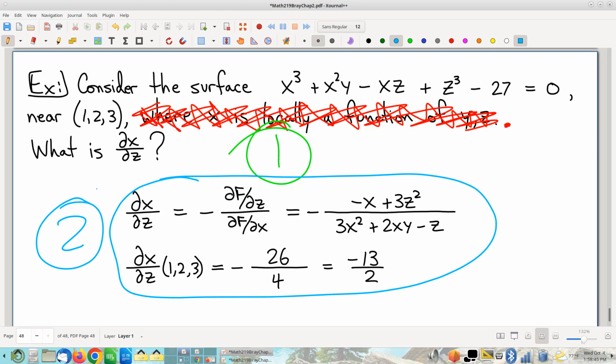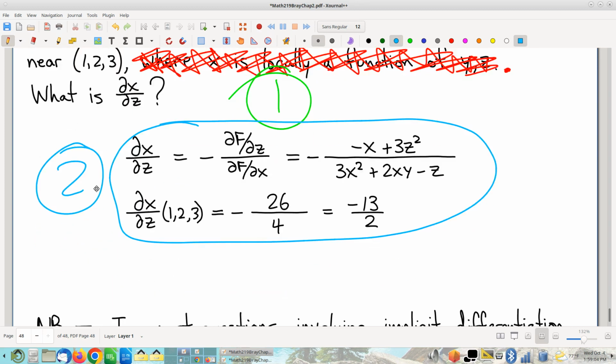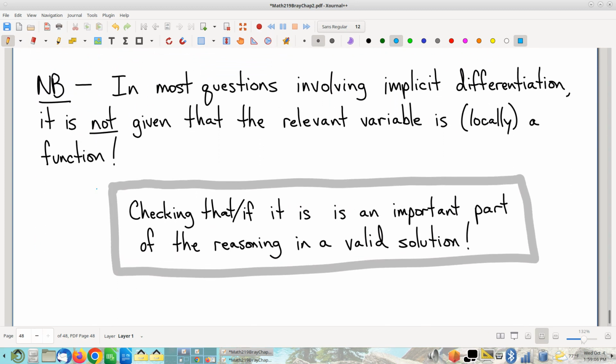So make sure you're fully aware that this is the expectation, right? And not just in Math 219. In any circumstance, if you've been asked to compute a derivative of something, you better make sure it's a function first. Right? That's number 1, and then go ahead and take the derivative after that by whatever method. So that's the point that I'm making right here.